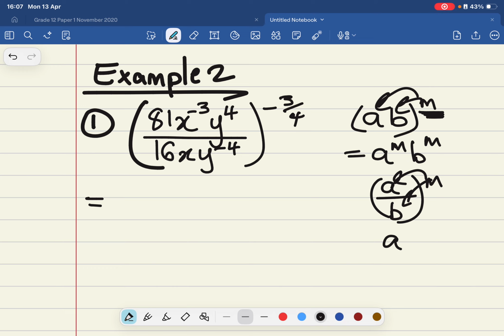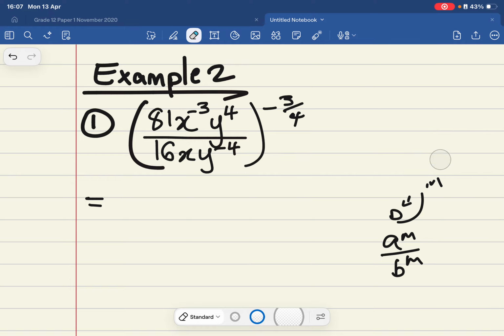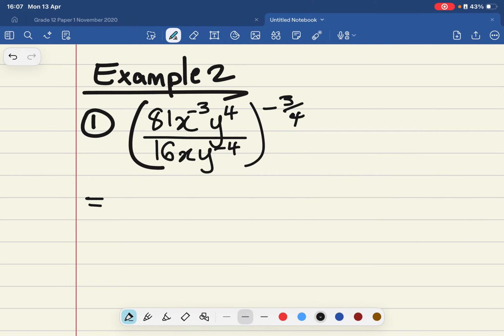So it's going to be a to the power of m over b to the power of m. So let us now take this one and raise it to this one, this one, and this one. So it's going to be 81.